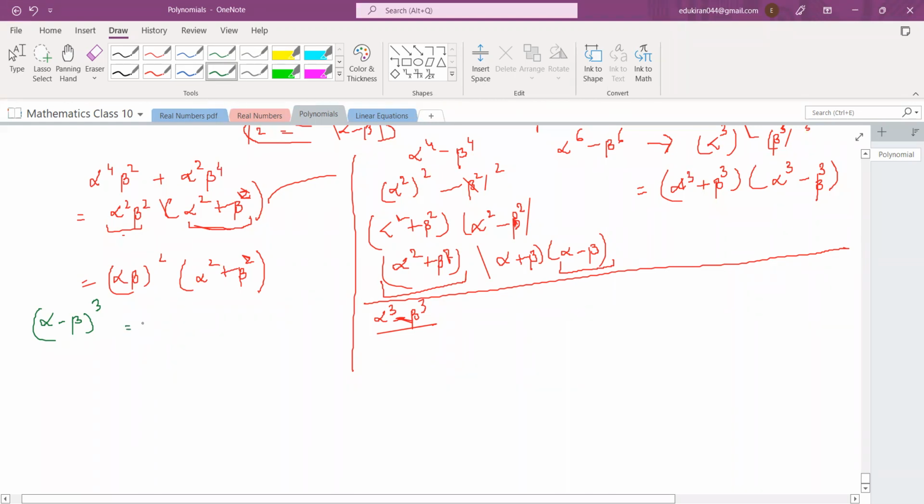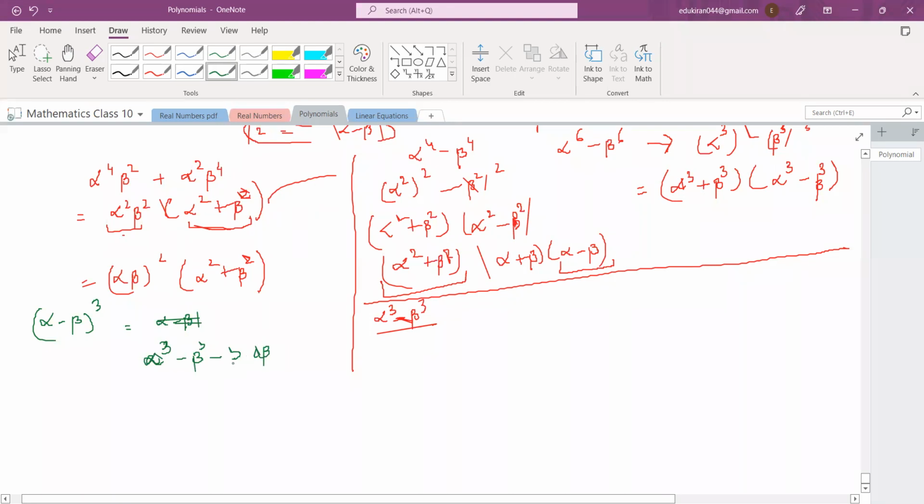Alpha minus beta whole cube is how much? Sorry, this was alpha cube minus beta cube minus 3 alpha beta into alpha minus beta.